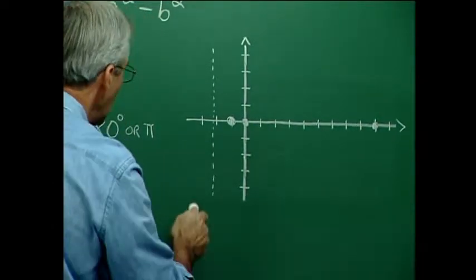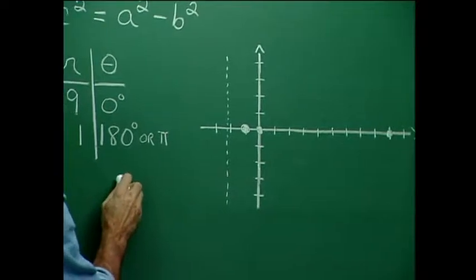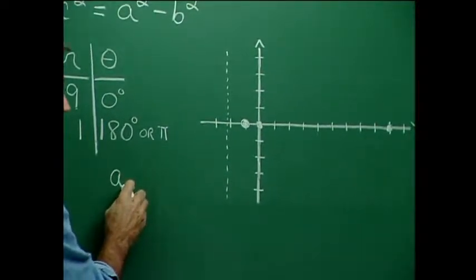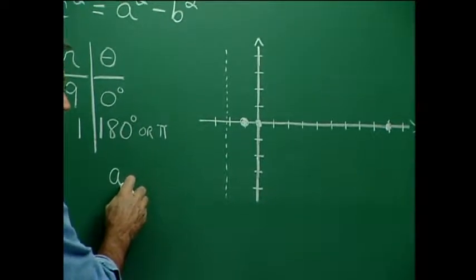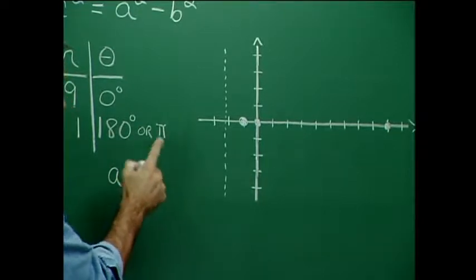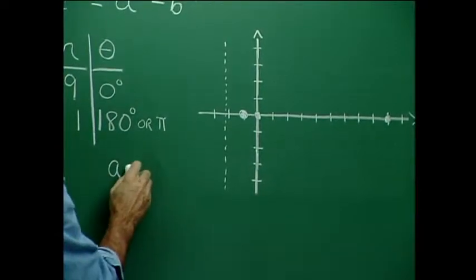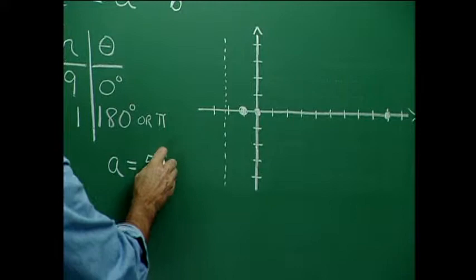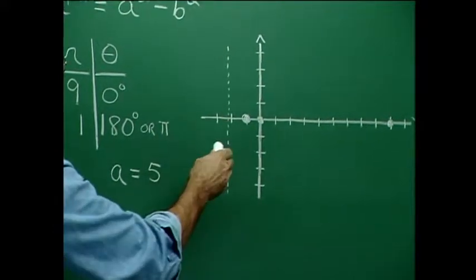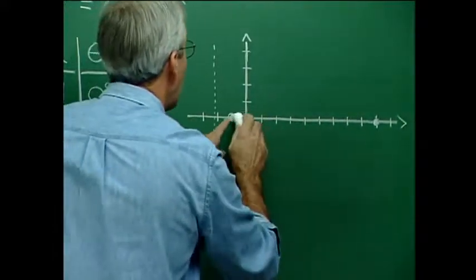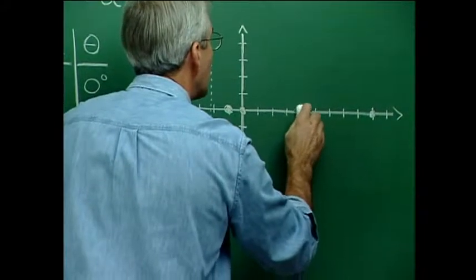So right away then we know that 2A is 10 for the major axis. Half of that would be the distance from the center to the ends of the major axis. That means A is 5. Let's identify that spot. Okay, so from here over 5, 1, 2, 3, 4, 5, here's the center.